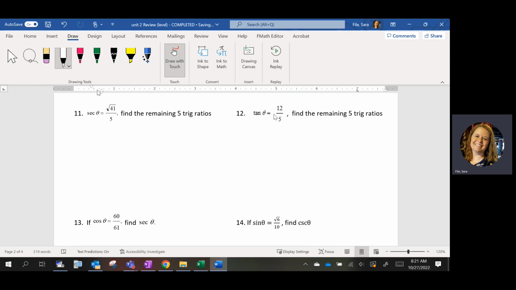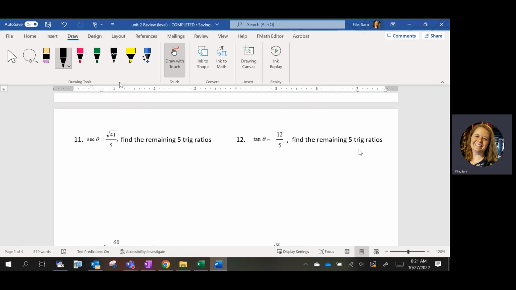We have not done the next part where we ratio. The first thing you need to know are what the ratios are. So you need to remember SOHCAHTOA.